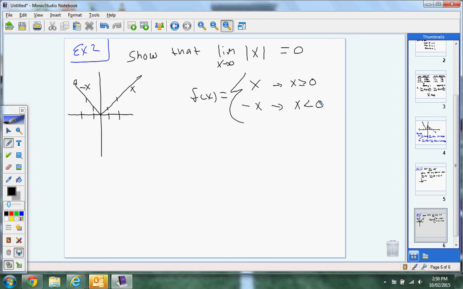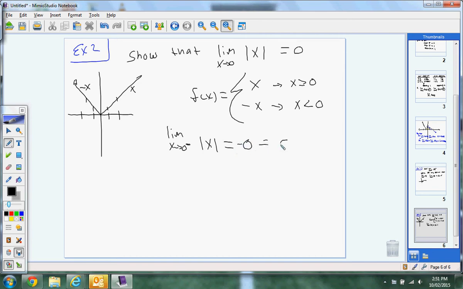Okay, so if I do limit as x approaches 0 from the left of absolute value of x, what will I get? So when I approach from the left, what type of numbers are those? Negative. So where would I look for this? Negatives come from this one, right? Okay, so if I put 0 in, what do I get?